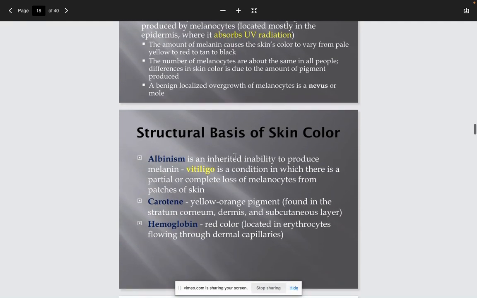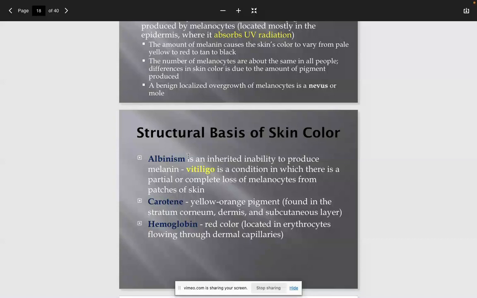So albinism is an inherited inability to produce melanin. That's important for you guys to know. Vitiligo is a condition in which there is a partial or complete loss of melanocytes from patches of skin.